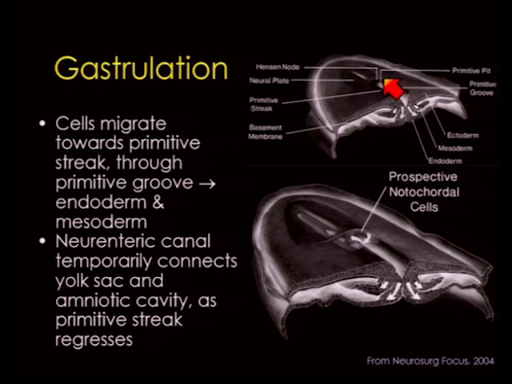Right, and so you can see that transiently during the process, there is a canal that connects the yolk sac space to the amniotic cavity space. There's a canal that traverses the entire surface of the developing embryo. And then that primitive streak is going to regress, and then that canal will absorb.